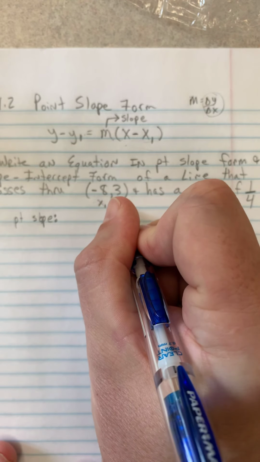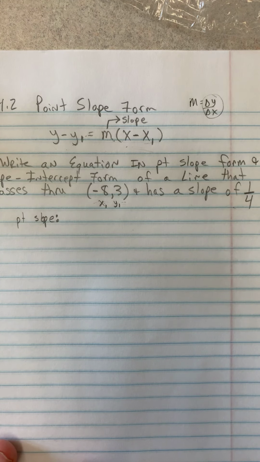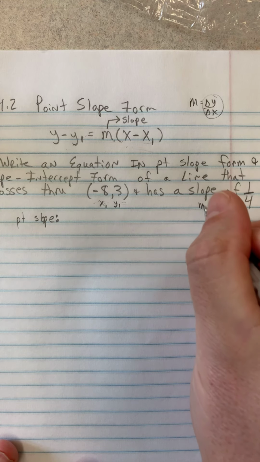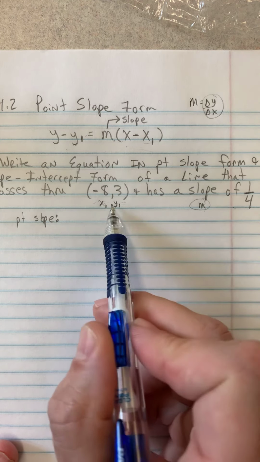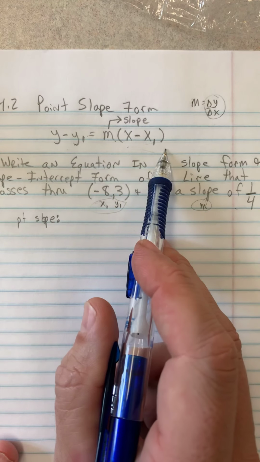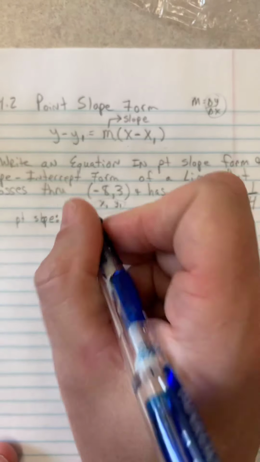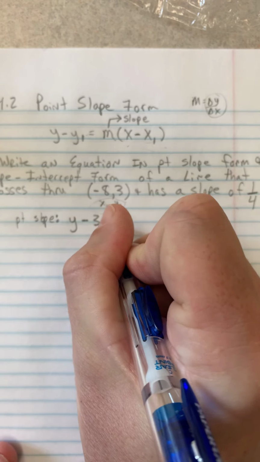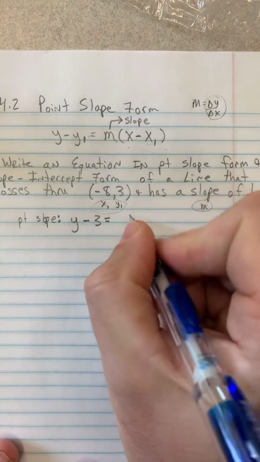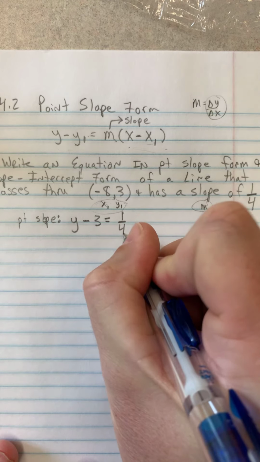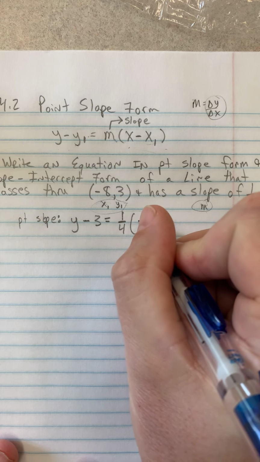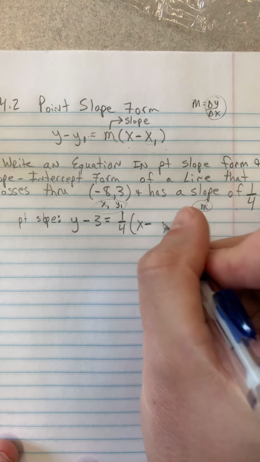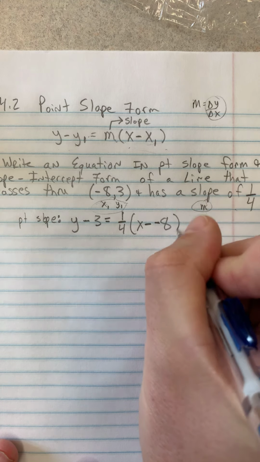If you have a point, that is your x1 and your y1, and you have a slope, which is your m, you have what you need to plug into this equation. Y subtract y1, y subtract 3 is equal to my slope, 1/4 times x minus x1, which is minus 8.